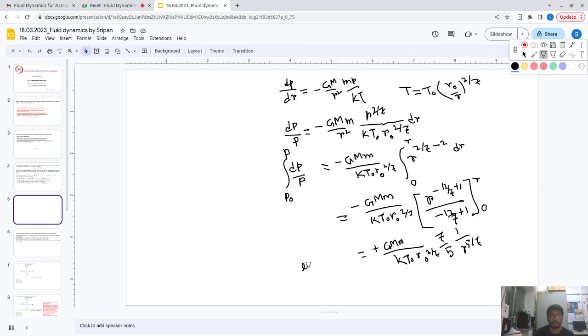So ln p minus p naught, right? So it should be ln p by p naught, so that means you have p equals p naught exponential, right? And another thing is here, you see there should be a minus sign, might be somewhere.